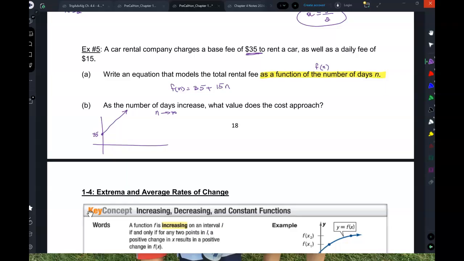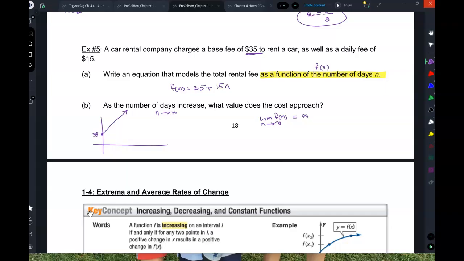So this is now a limit question. The way you write it is the limit of f of n as n approaches infinity will be what? How much would the cost approach? Infinity. And that makes sense. If you rent for like 75 years, you're going to pay a lot of money.